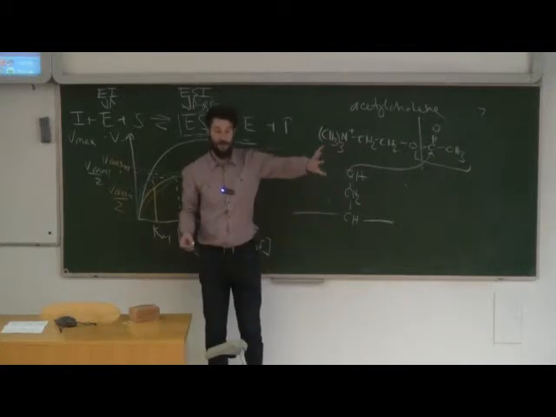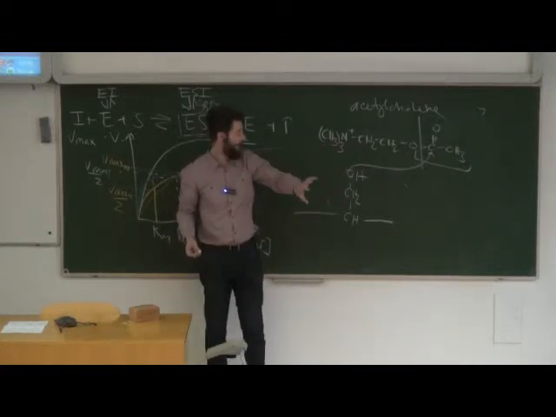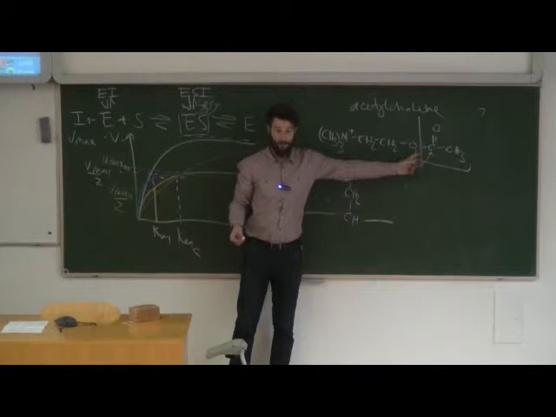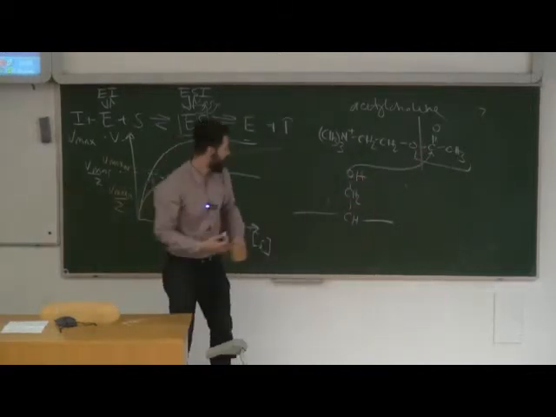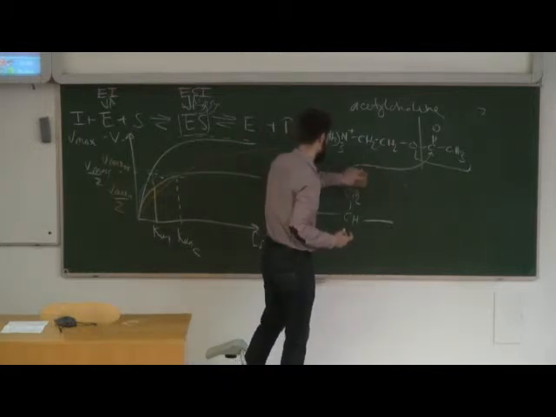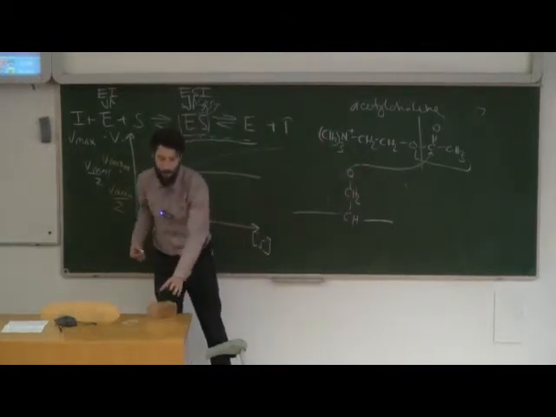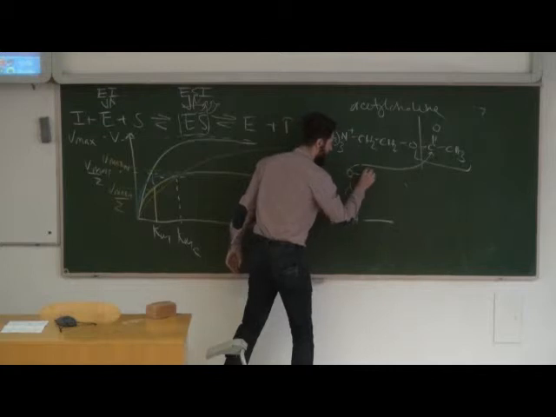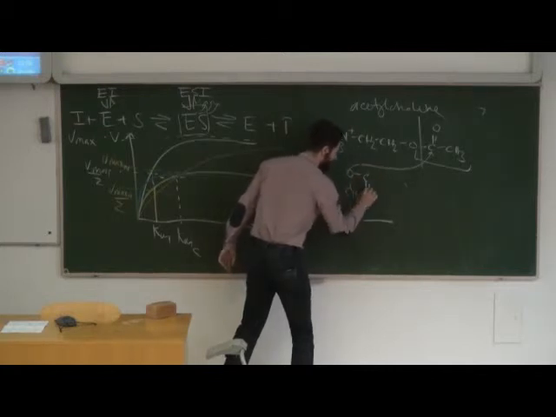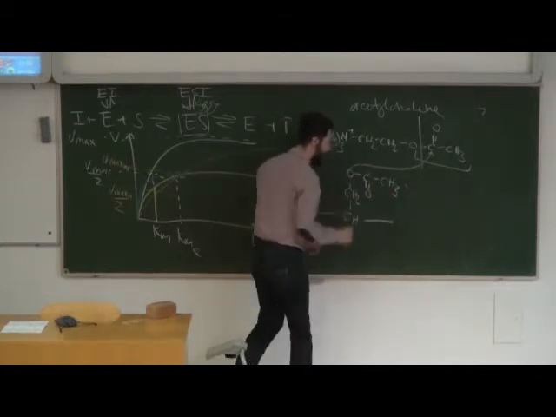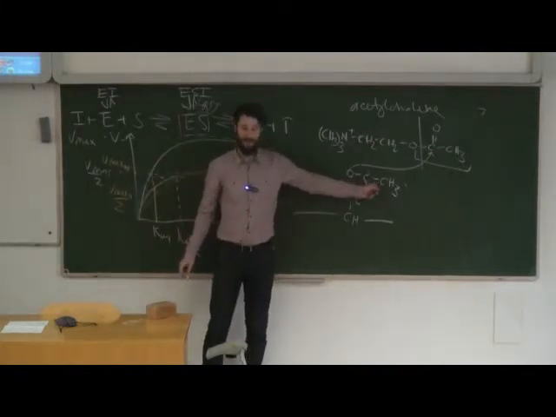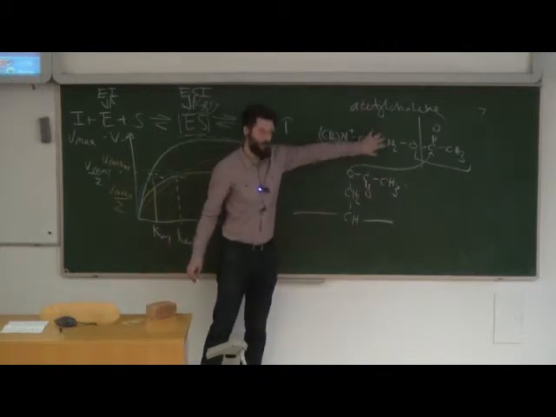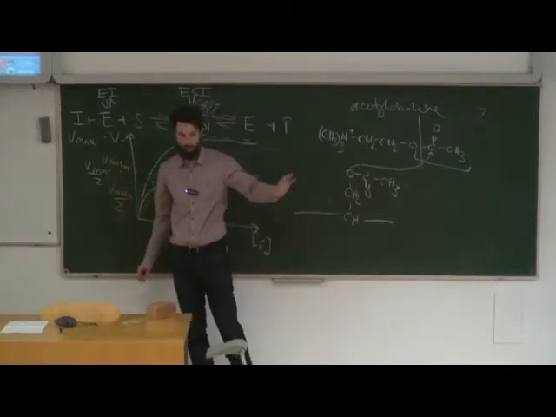Choline is released from the enzyme, and the acetyl group stays on the serine. So in the first step of the catalysis, we get a modified enzyme in which the active site serine has the acetyl group bound to it, and choline, the rest of the molecule, is released from the enzyme.